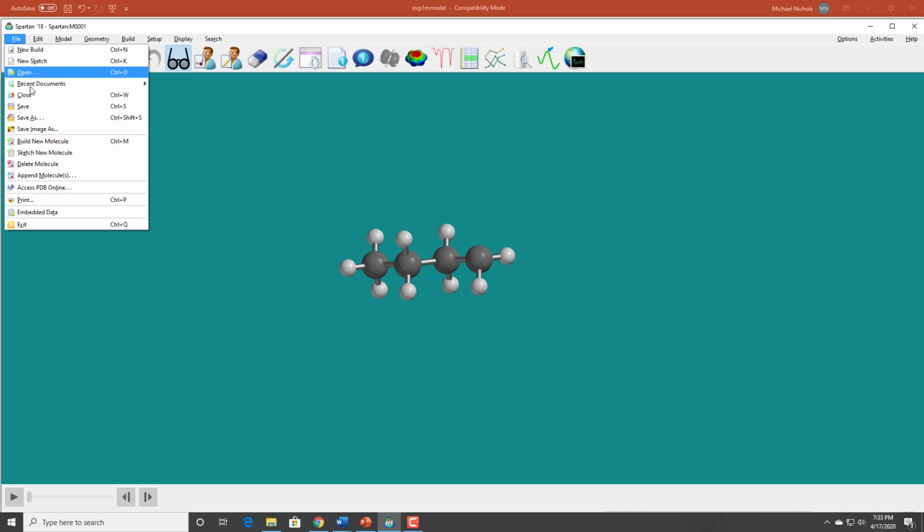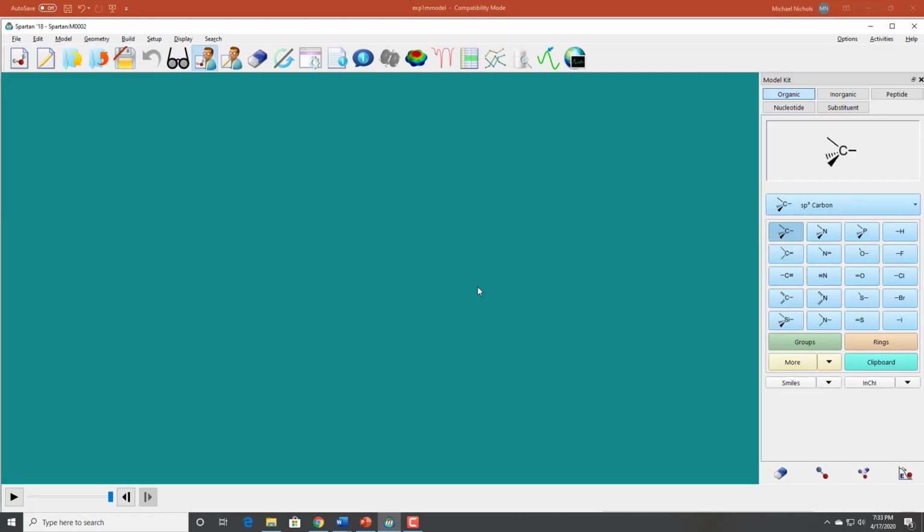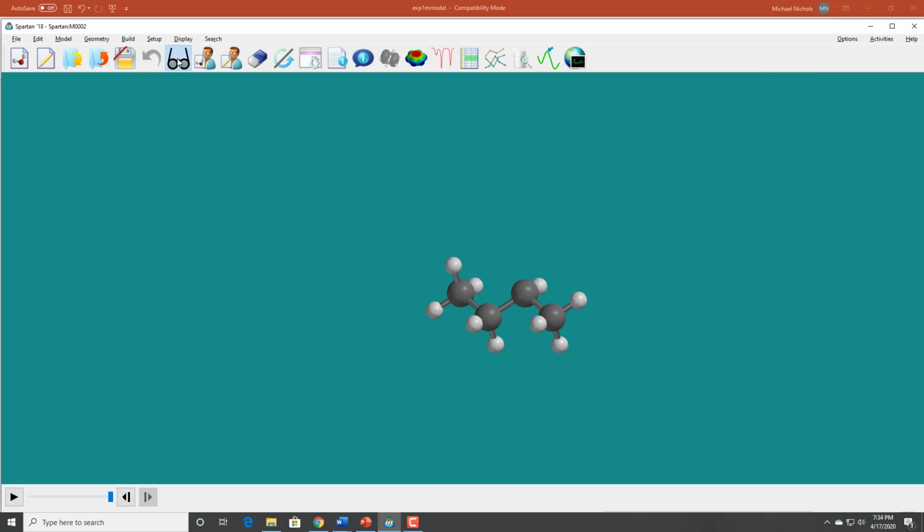All right, new molecule. Let's make the secondary. So carbon, carbon, carbon, carbon, our butane, and now let's erase that. So now I've got my secondary carbocation.